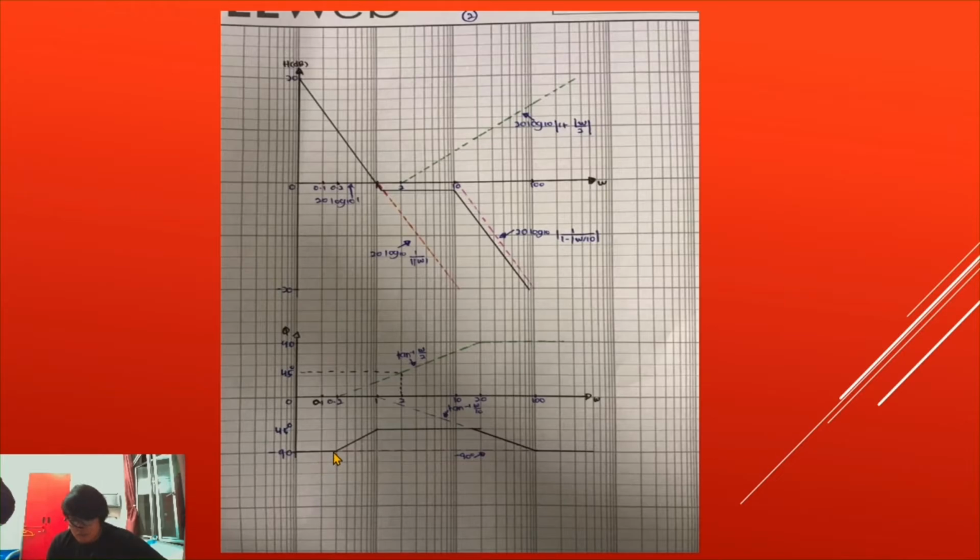Then from 0.2 until 1, pink is equal to 0, purple is equal to negative 90, and the green one is equal to 45 degrees. So from 0.2 until 1, the answer is negative 45.